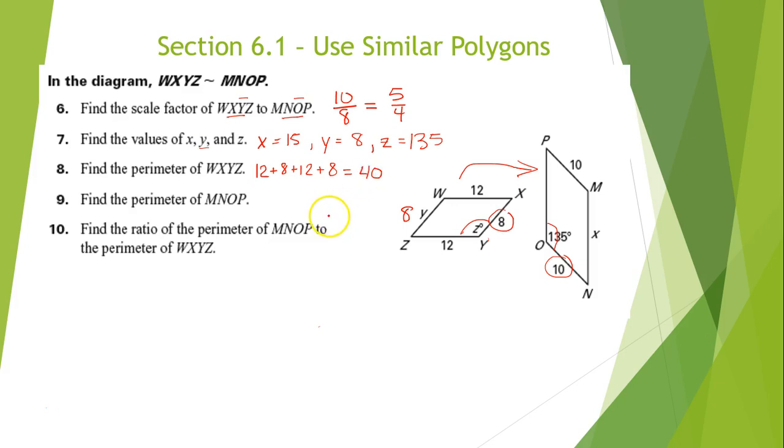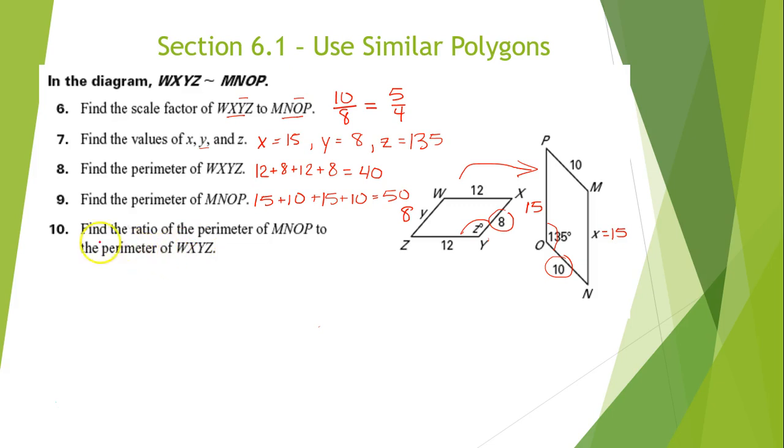So there's your perimeter for that one. And then on this one, we know x is 15. Since these two sides are congruent, these two sides in our polygon are going to be congruent, so this side right here is 15. So add up again. You could say 15 plus 10 plus 15 plus 10. And that is 50.